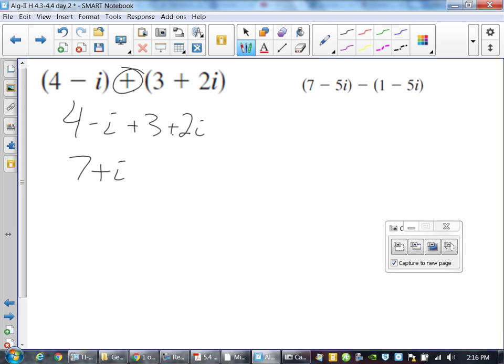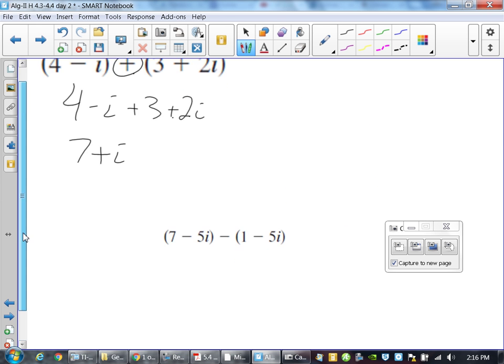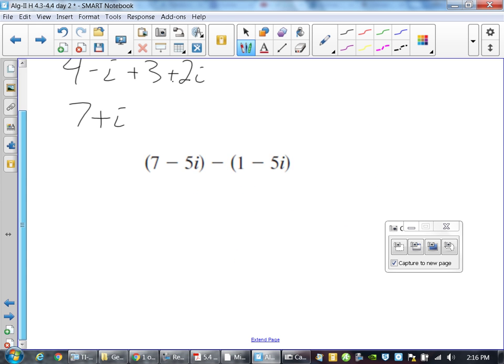No. Not really. What changes here? It's a subtraction symbol. When you have a subtraction symbol, the only thing you have to concern yourself with is the fact that there is a 1 hiding there, and you have to distribute the negative to both parts in that second part of the parentheses.